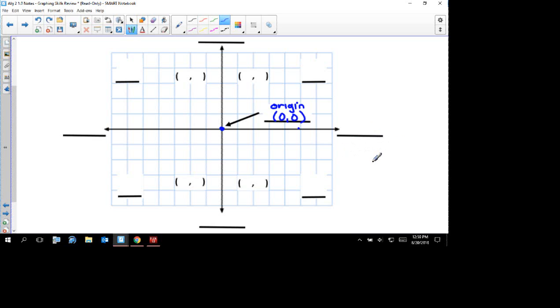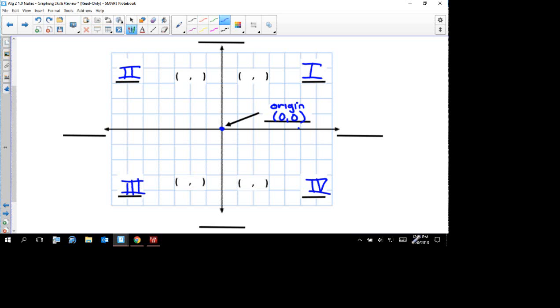So this space up here is quadrant 1. And we label it in Roman numerals like an I, but we say 1. And then it goes counterclockwise. So quadrant 2, or II. And then 3, or III. And then 4 is IV. So the quadrants go counterclockwise.